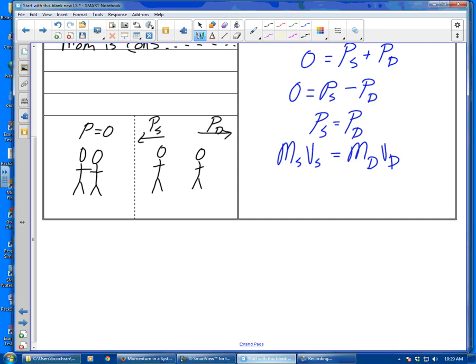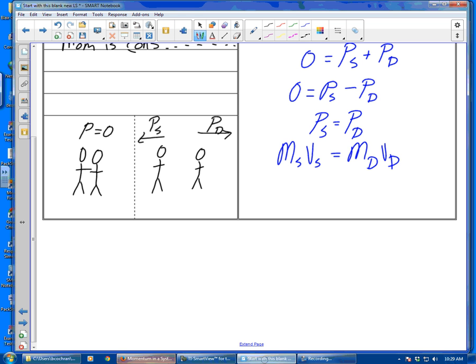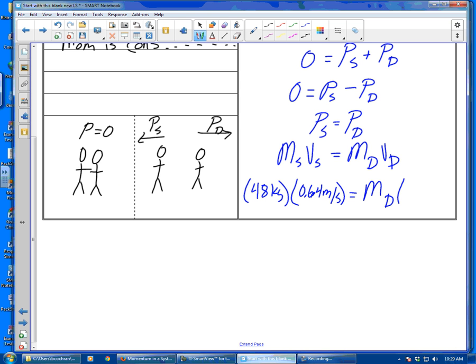So, what did we say the inertia of this one was? 48. So I have 48 kilograms moving at 0.64 meters per second equals the inertia of the dater, which I don't know, moving at 0.82.